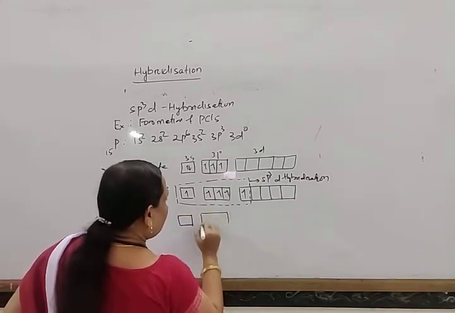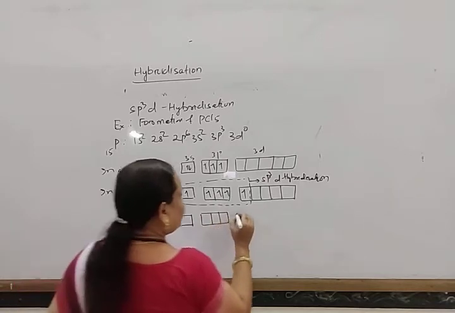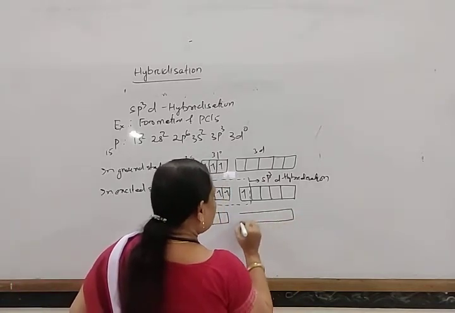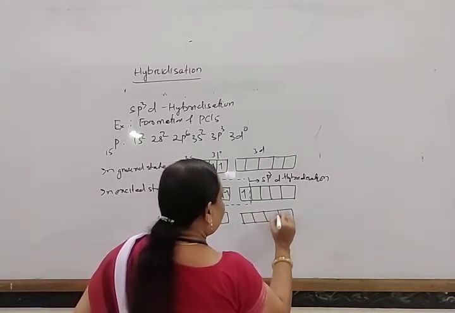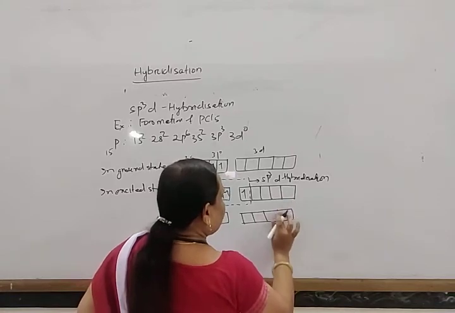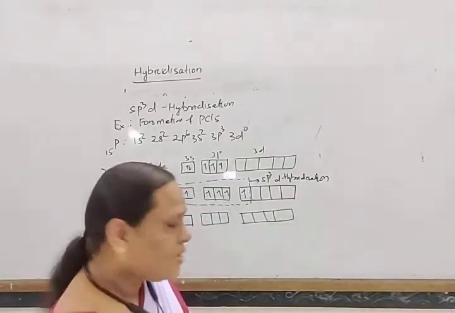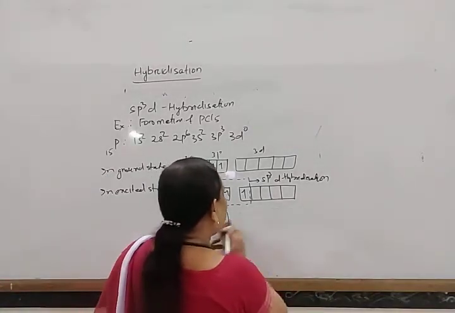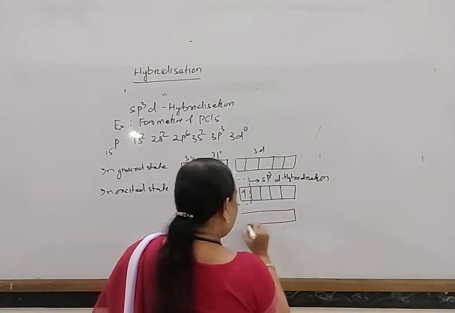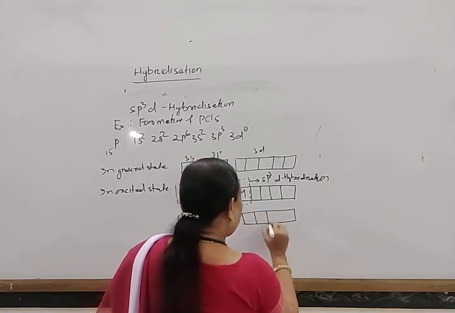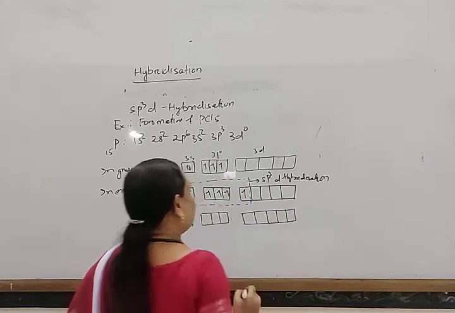After sp3d hybridization, all the hybrid orbitals have equivalent shape and equivalent energy, and each contains 1 electron.